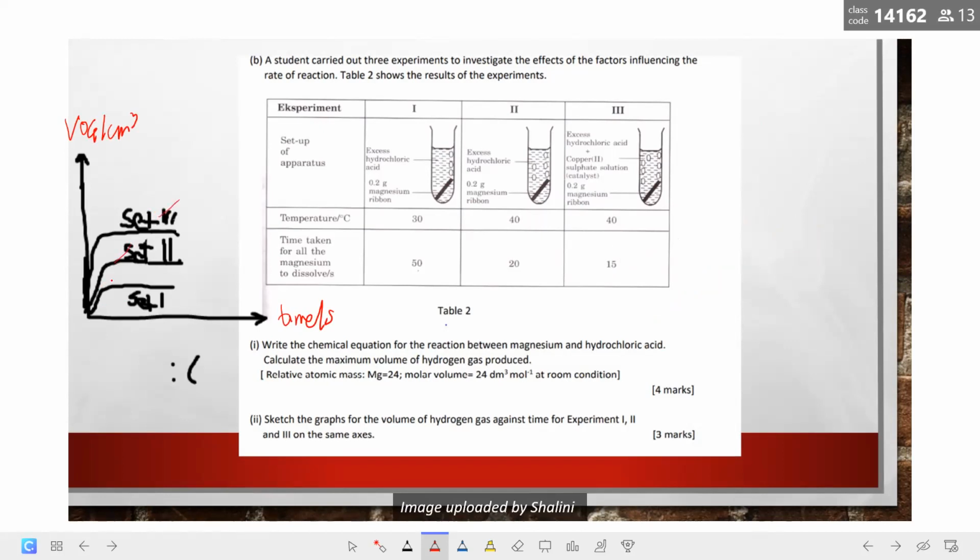The number 3, number 2, number 1, all correct already. They are all in correct order. But what are they all supposed to do? The lines must meet together. Correct. All the lines must meet together. Good try, Shalini. And then label as well.